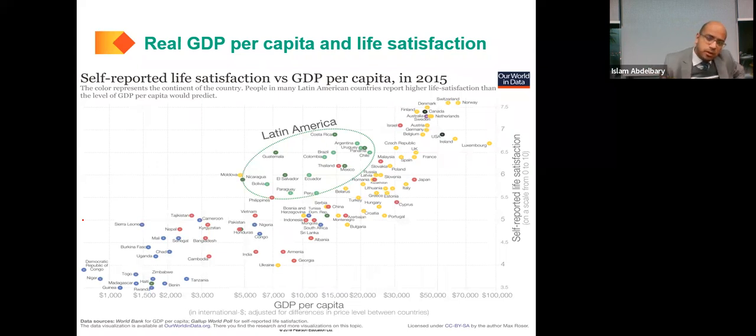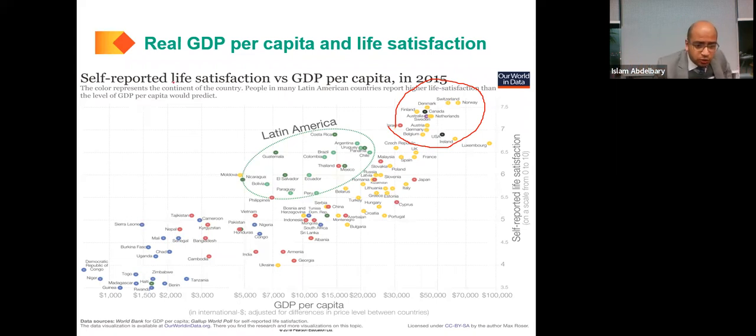So Switzerland, Norway, Denmark, Canada, Finland, Sweden, Germany, US, Luxembourg, Ireland, UK, France: people have a high level of life satisfaction and a high level of income.